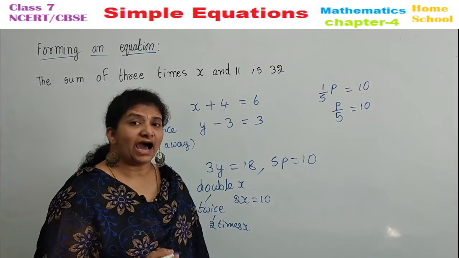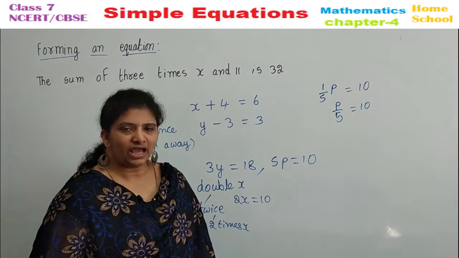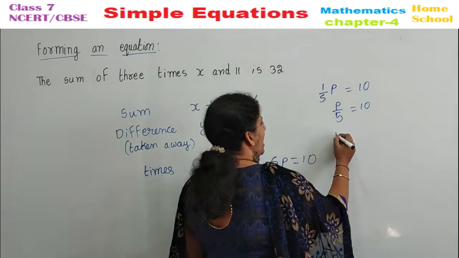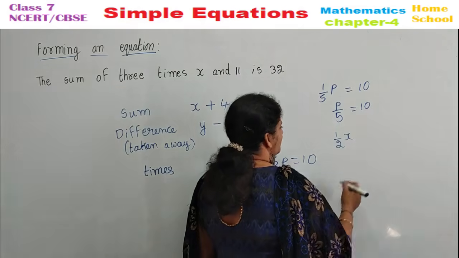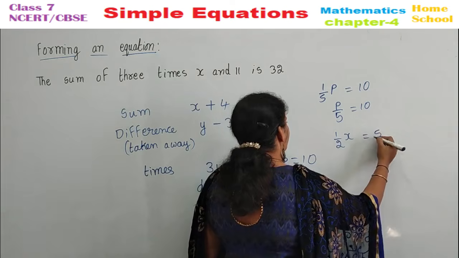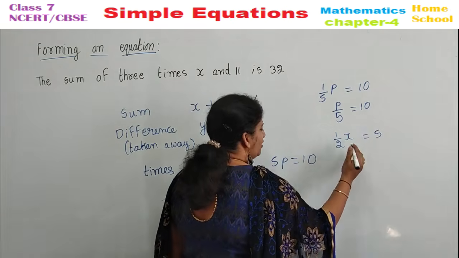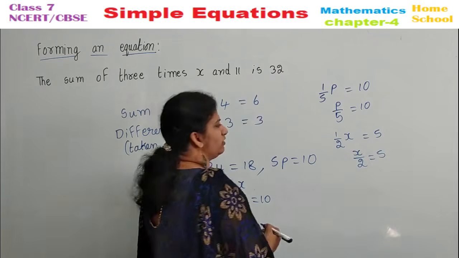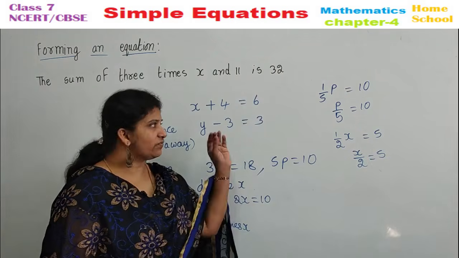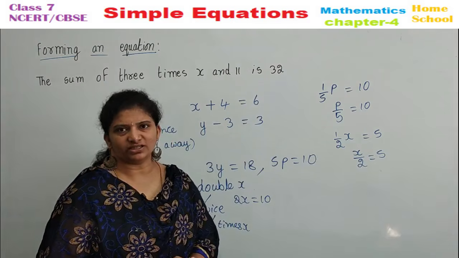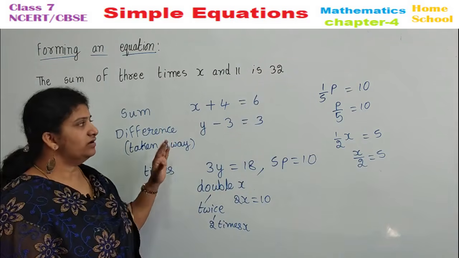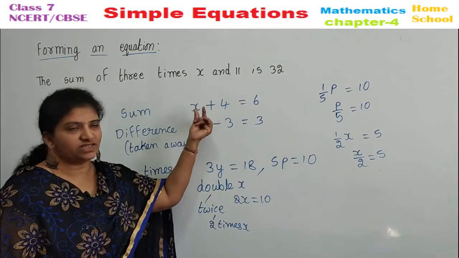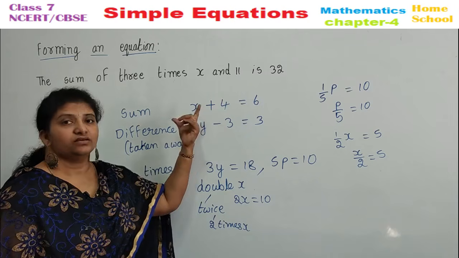Or you may say half of x. Half of x means half into x is equal to 5. Half of x, 1 into x you multiply. You may write it as x by 2 is equal to 5. Just we are forming an equation. Understand carefully here. Sum of two numbers means you need to use a plus sign.